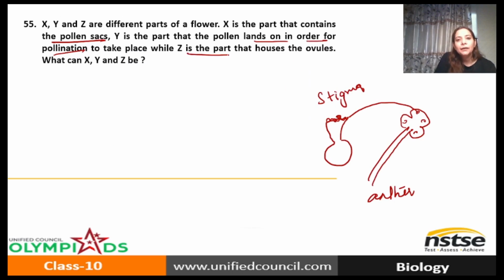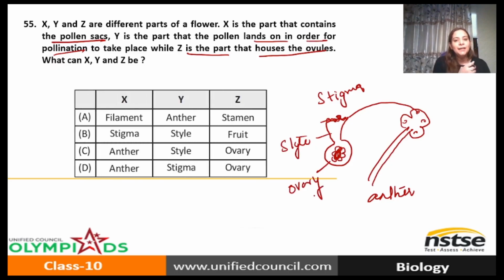Z is the part that houses the ovules. Now we know that ovules are present here, and this part is the stigma, this is the style, and this part which acts as a house for ovules is none other than the ovary. So I think now you got the answer: X, which contains the pollen sac, is not a filament, not stigma, rather it is anther.